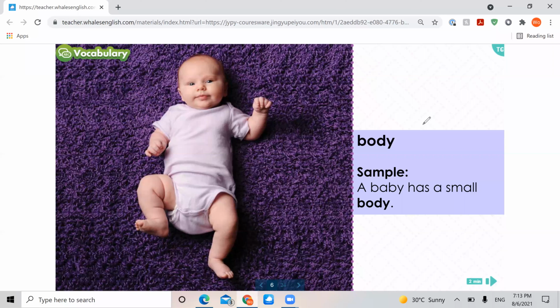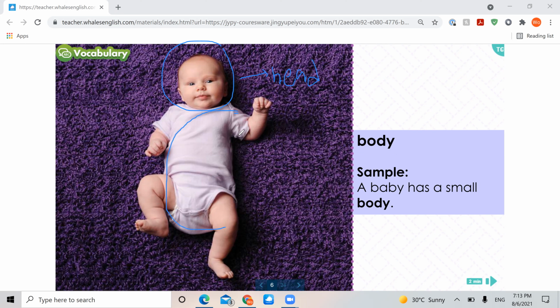What's our next word? Body. Let's say that again. Body. One more time. Body. Look at the picture. What do you see? That's right. It's a baby. What's that? That's the baby's head.